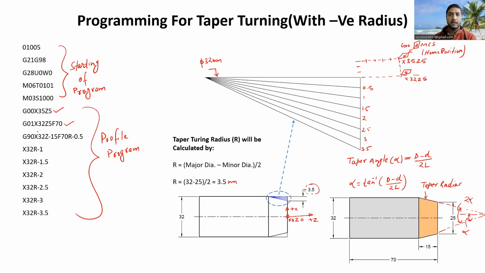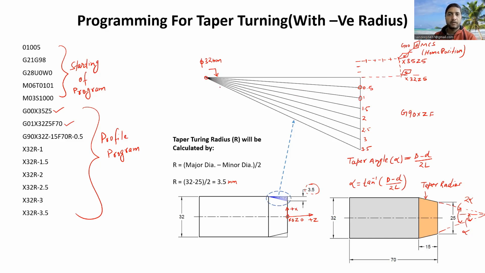After that, we are using G90. G90 is the box turning cycle. The code for the box turning cycle, we know, will be X value, Z value, and feed value. So X we are taking here as 32, because every time we remove material from this workpiece, we move the cutting tool from this point to this point.